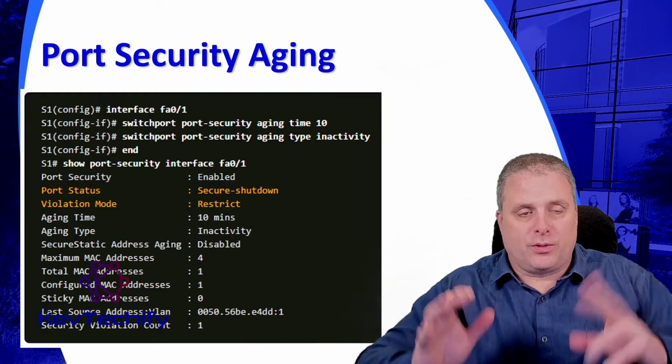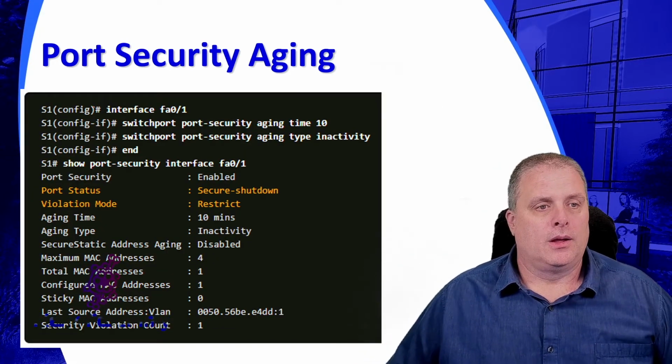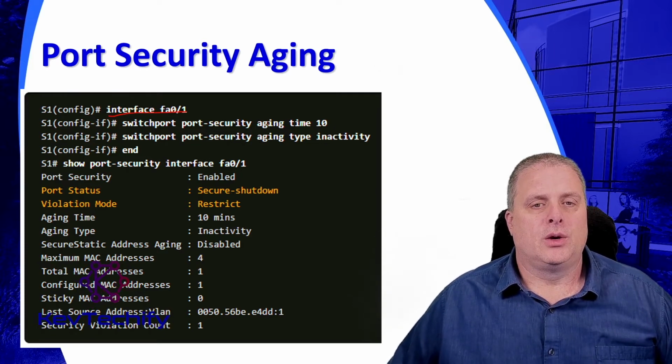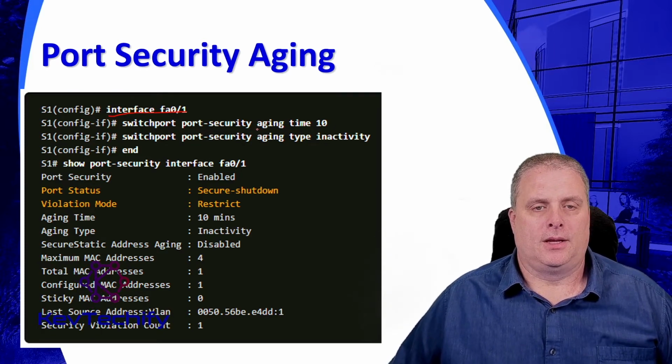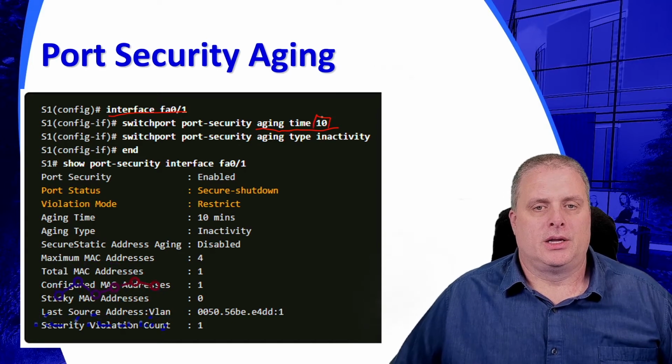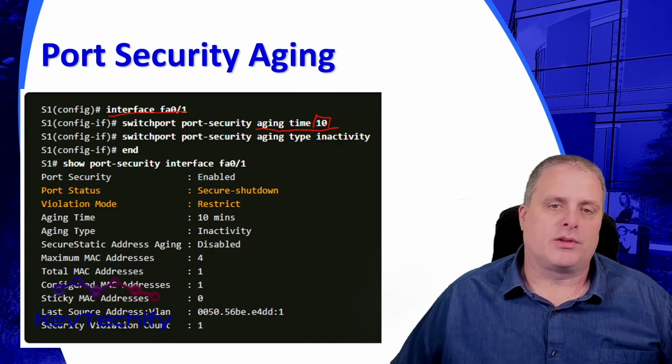Here's an example for port security aging. Once again, we go into the interface here. Once we're in the interface, we set the aging time. The aging time here is 10 minutes. Any number you put here is in minutes, so if you want it to be longer than an hour, you're going to have to go more than 60.